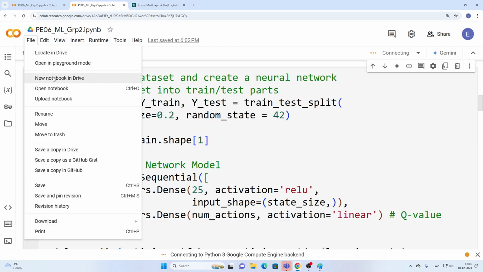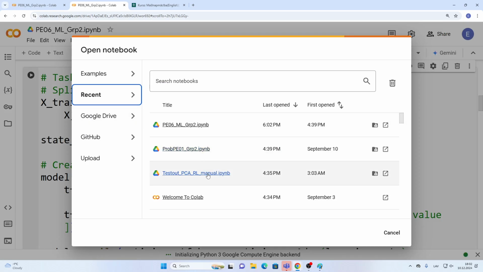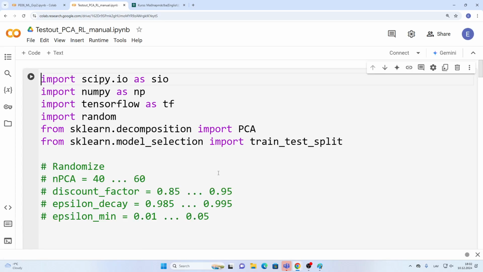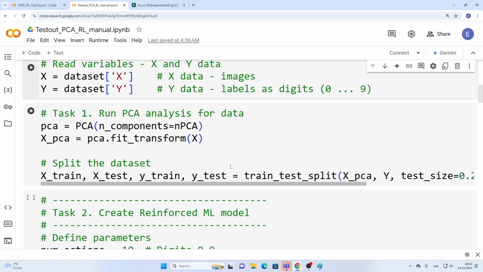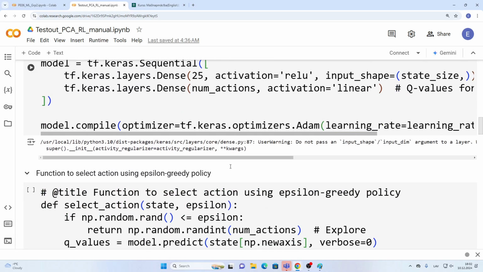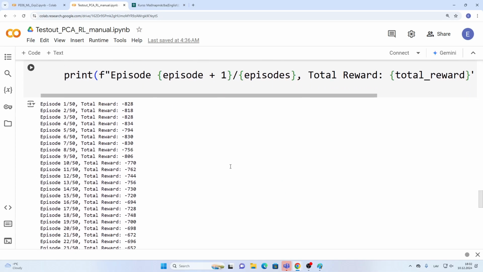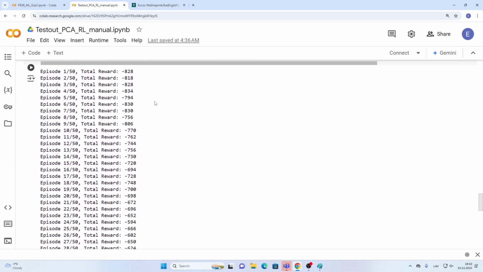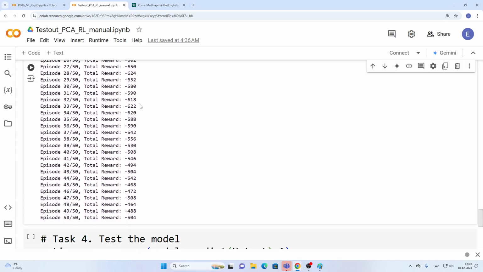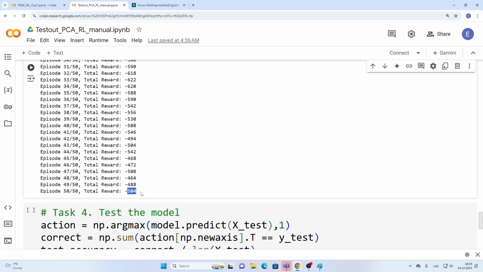Yes. Open notebook, manual one. It's exactly the same stuff. Well, a little bit maybe somewhat different, but more or less the same stuff. Here you can see that total reward actually does reduce, or sorry, increase. Yes, so here it was minus 800 and it goes all the way up to minus 500.